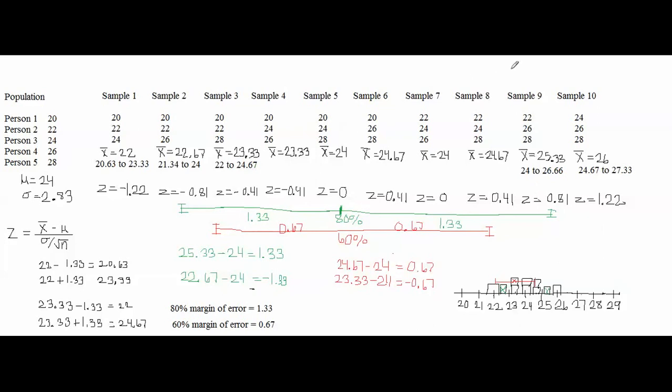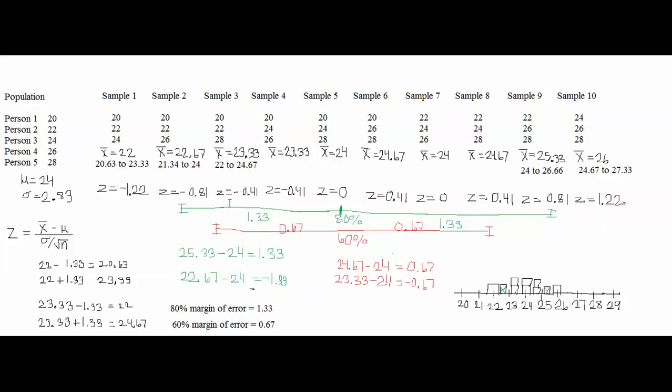Now let's see what happens when we create 60% confidence intervals. If we want to create a 60% confidence interval, we add and subtract the 60% margin of error. Now let's try to do this with one of the samples that's below the middle 60%, one of the samples in the middle 60%, and one of the samples above the middle 60%.